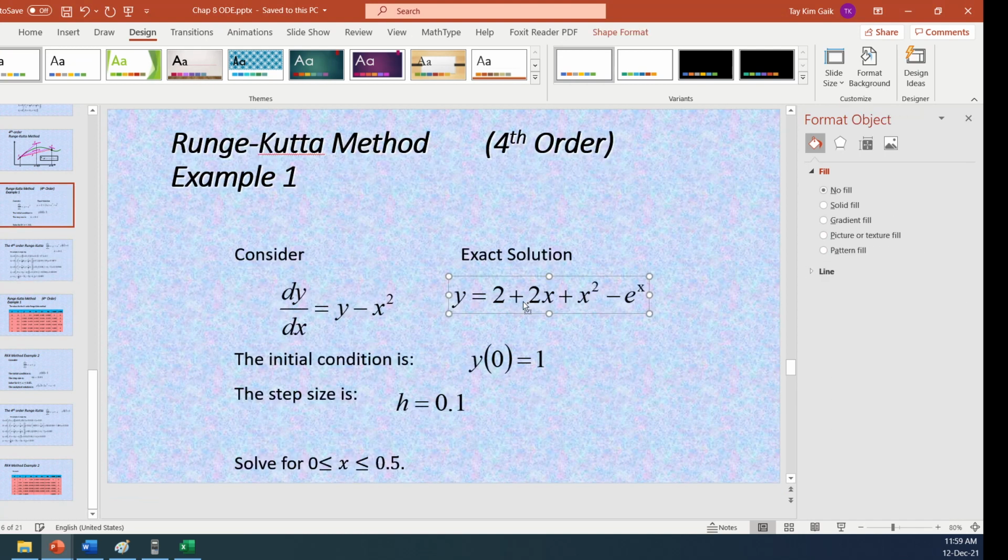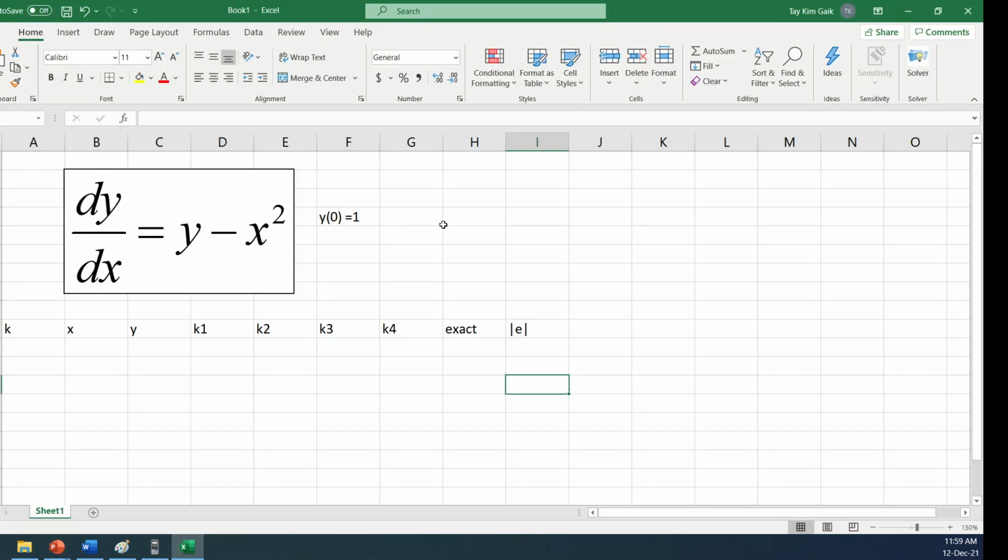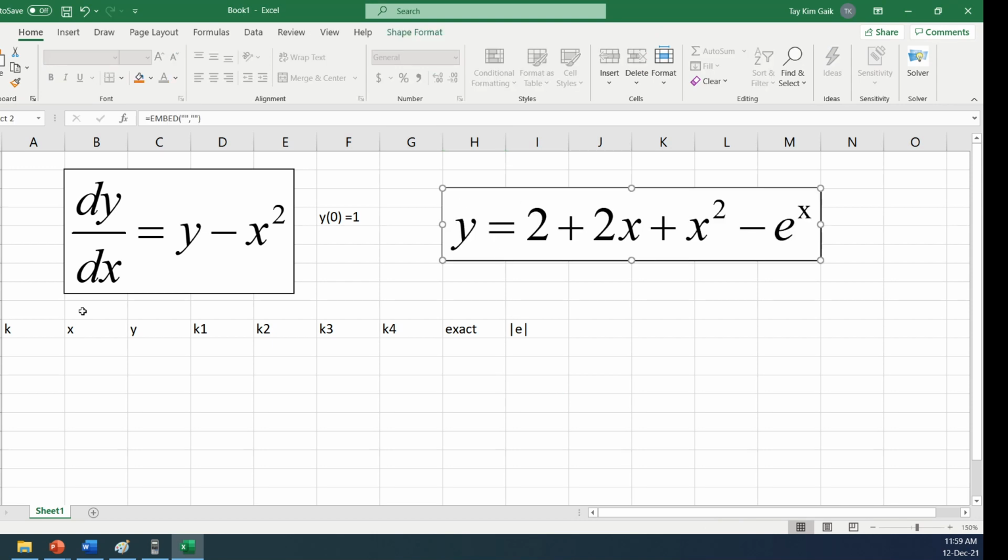This is the exact solution. When x0, y is 1, increment is 0.1.